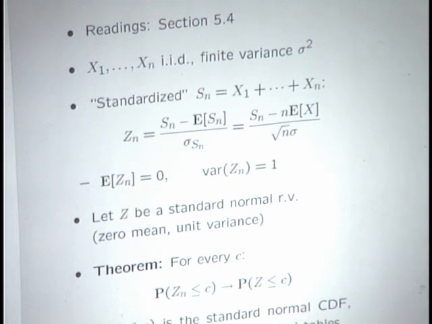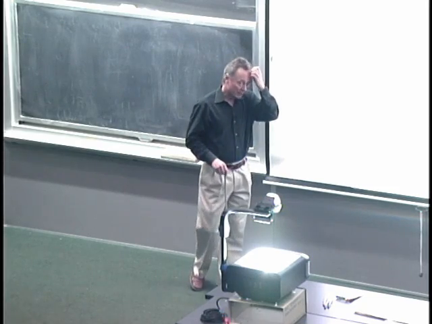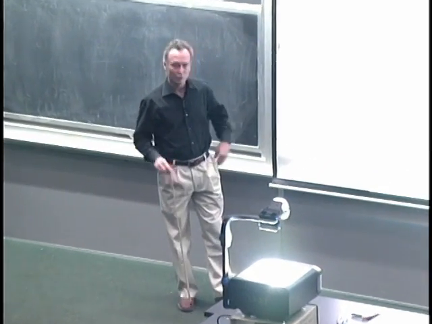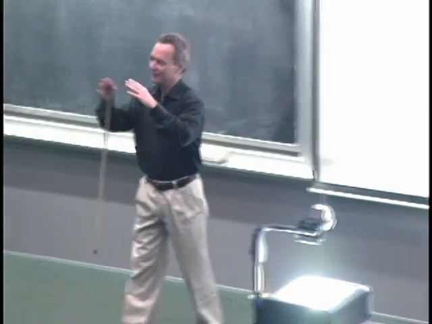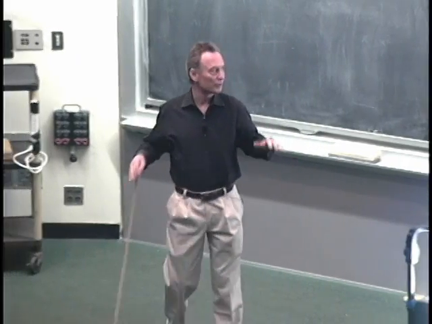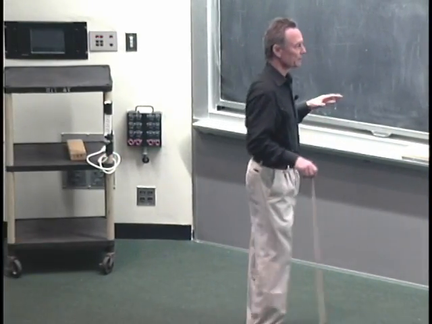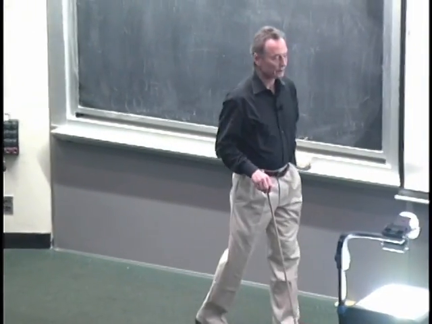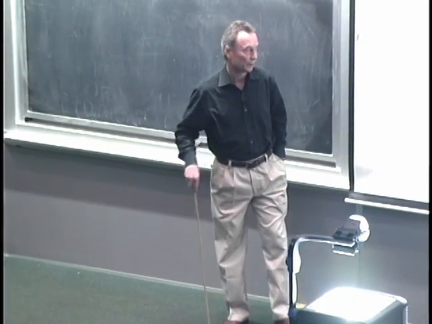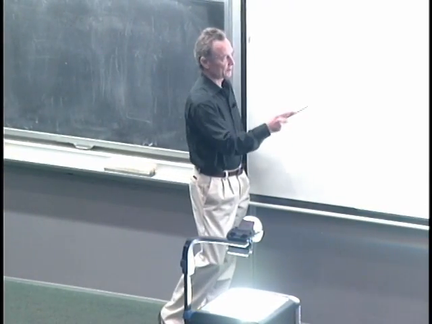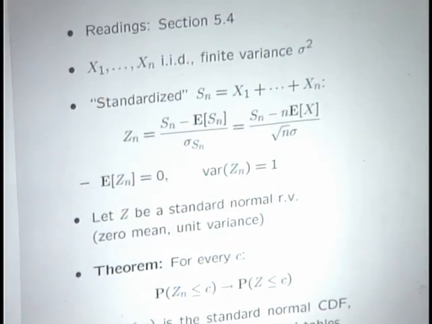The mean is 0, and the width remains also roughly the same because the variance is 1. The surprising thing is that as n grows, that distribution of Zn kind of settles to a certain asymptotic shape, and that's the shape of a standard normal random variable. So standard normal means that it has 0 mean and unit variance.